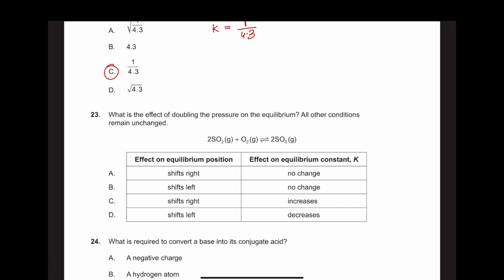So in this reaction, you have 3 moles of gas on the reactant side, 2 moles on the product side. More moles of gas means higher pressure, less moles of gas means lower pressure. Now, doubling the pressure means we are increasing the pressure.